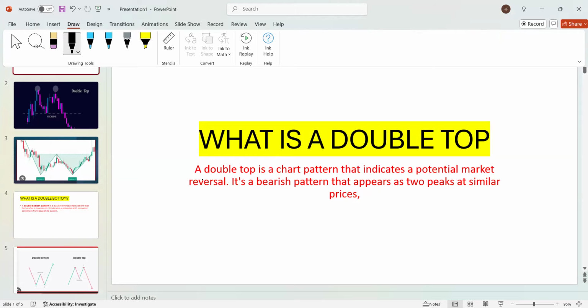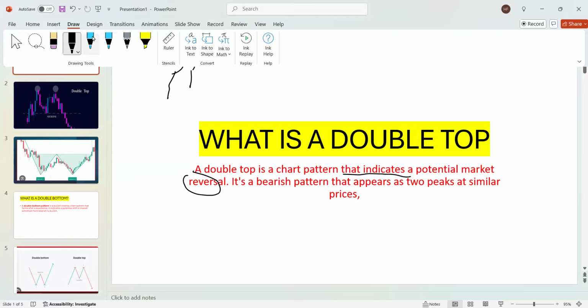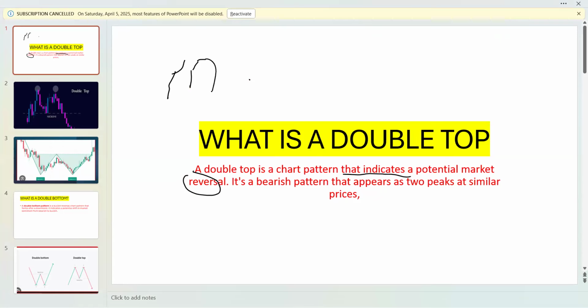A double top is a short pattern that indicates a potential market reversal. That's what we call a double top. Instead of going higher, you reverse back down.